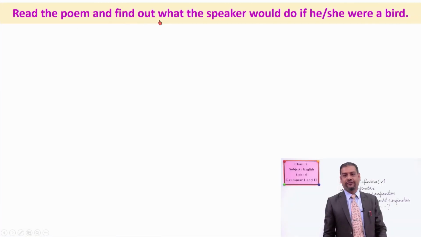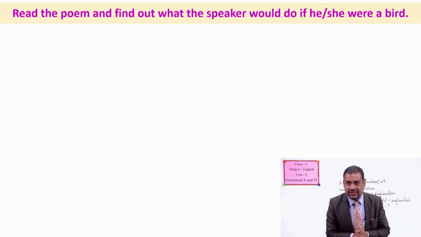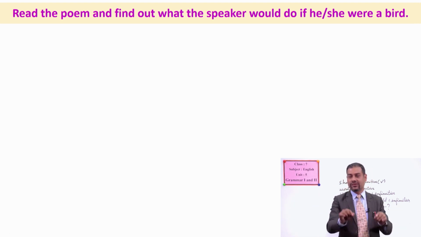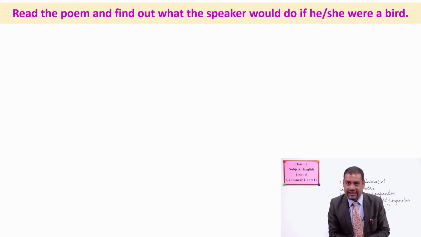Read the poem and find out what the speaker would do if he or she were a bird. And this poem you can find in your unit 5 under extra bit, okay? This poem is taken out from extra bit. You can find it in your textbook. You can turn the page and look at it.